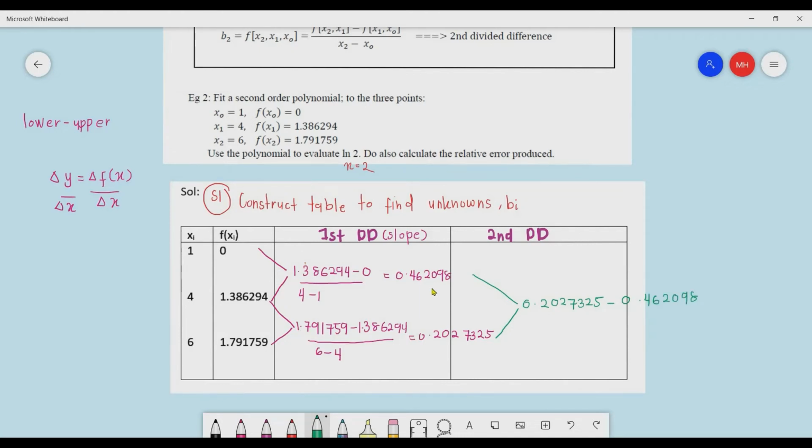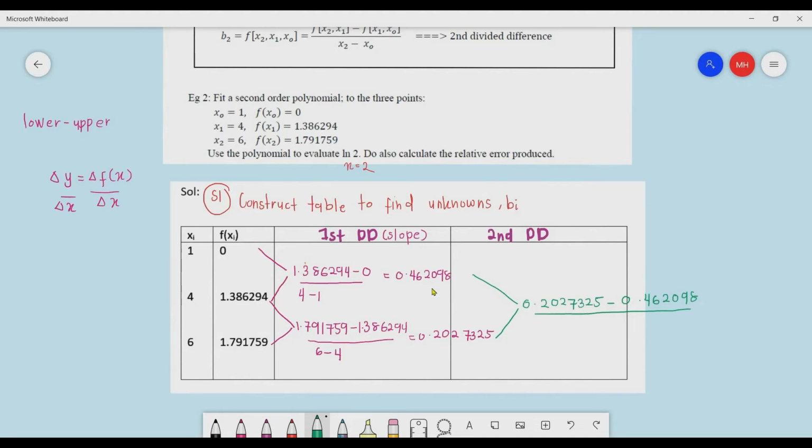This one is for the numerator. You just bring forward the value from the first divided difference to the second divided difference as its numerator. Meanwhile for the denominator it will be the change of x.